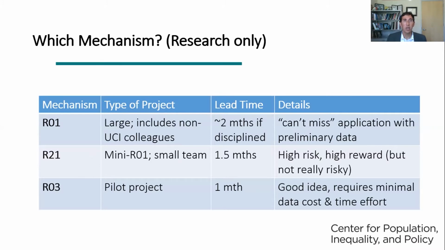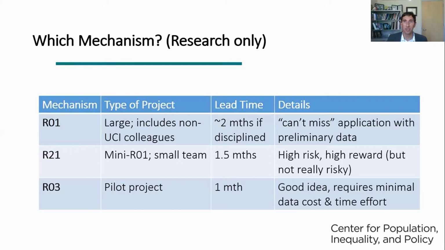Then you have an R21 that I think of more as a mini R01. It's a small team. It could involve non-UCI colleagues, but often it might be one institution. If you read the NIH website, it says it's a high risk, high reward grant, but I don't actually think that's true anymore.